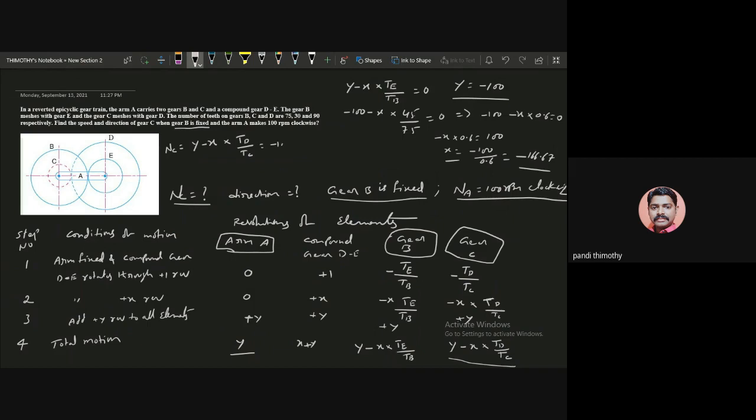That is minus 100 minus x, where x is minus 166.67, into TD, that is 90, by TC, I think 30. If I calculate, then I will get the NC value.